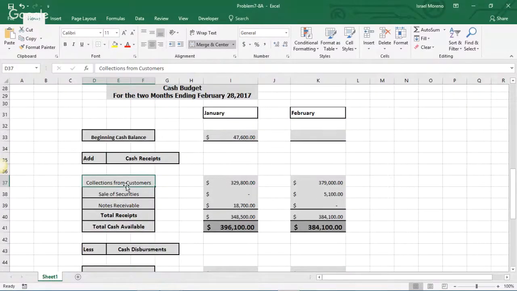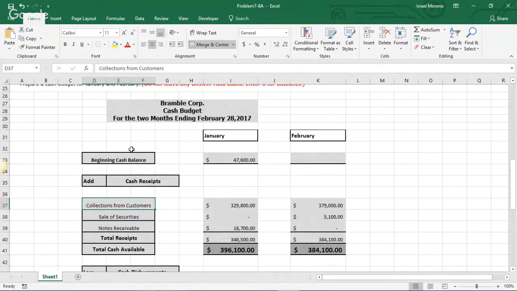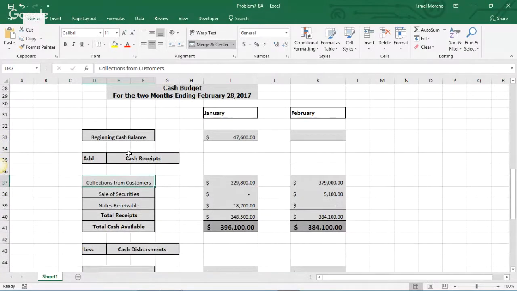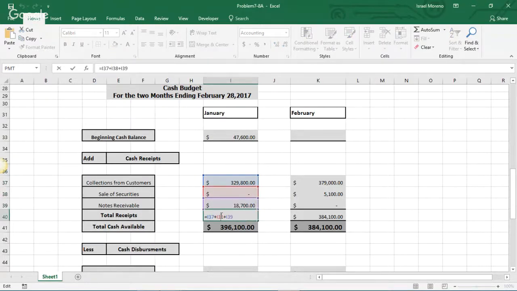Very quickly, the cash budget has different steps. First, you want to get the beginning cash balance for the period. Then we will add the cash receipts. In this case, we have three. We will add the ones for January, and then we will get the total receipts. Here is the formula.